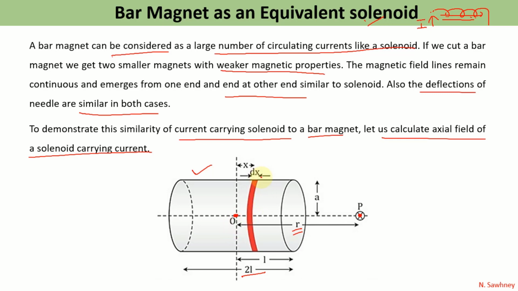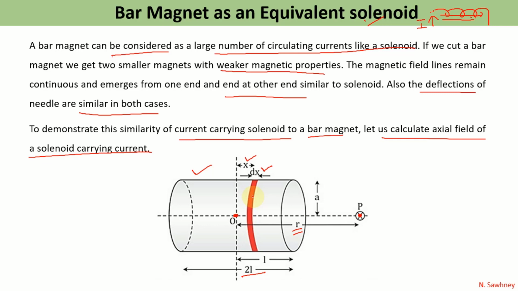For this, we have considered a small current loop of thickness dx, which is at a distance x from the center of the solenoid. We have considered one current loop, but each turn of the solenoid behaves as a small magnetic dipole having a dipole moment.